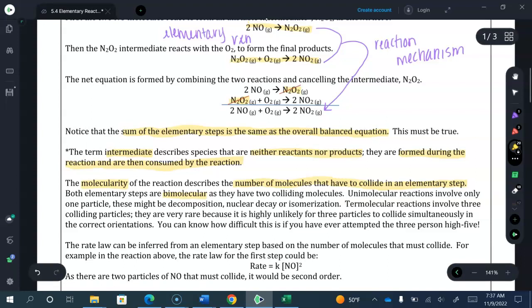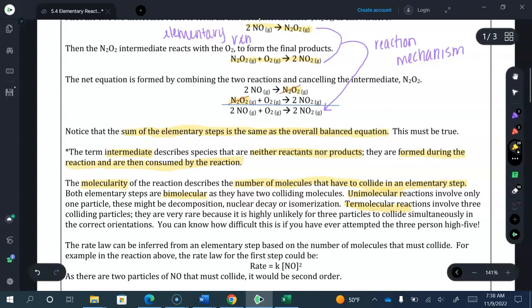Because two molecules are colliding, even if they're the same kind. Unimolecular steps involve only one particle, and that might be like decomposition, nuclear decay, or isomerization, which is where a group moves from one spot to another on a molecule. This is very important in organic chemistry.